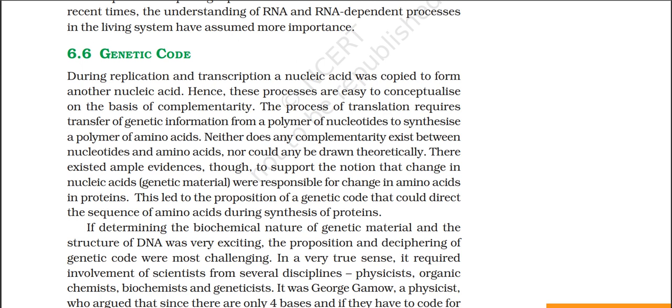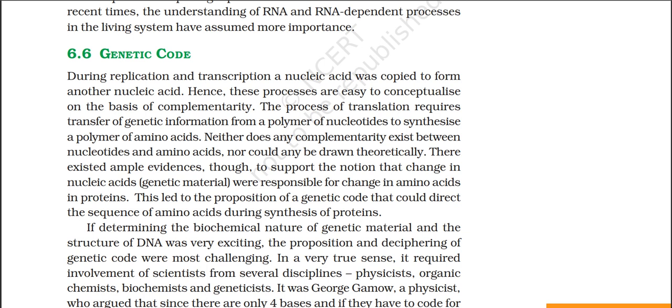Neither does any complementarity exist between nucleotides and amino acids, nor could any be drawn theoretically. There existed ample evidence, though, to support the notion that changes in nucleic acids, the genetic material, were responsible for changes in amino acids in proteins.